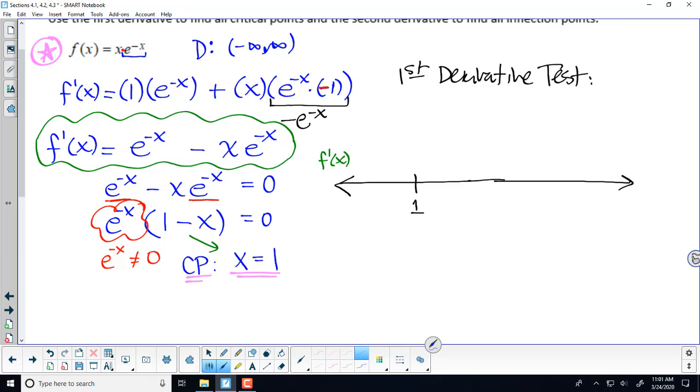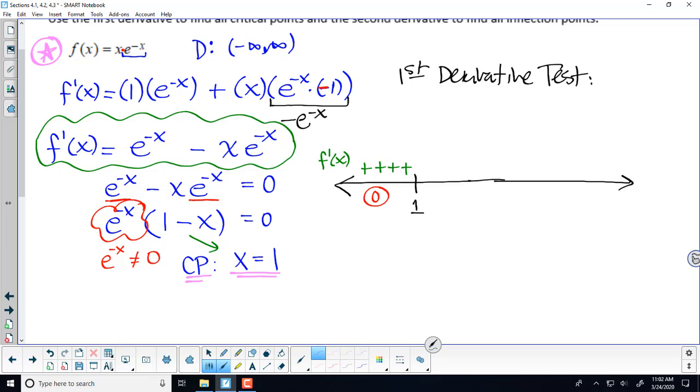All right, so choose something to the left of 1. So if I choose 0, if I put 0 back into my first derivative, whether it be the factored or not, you can do that on your own. I get a positive value.